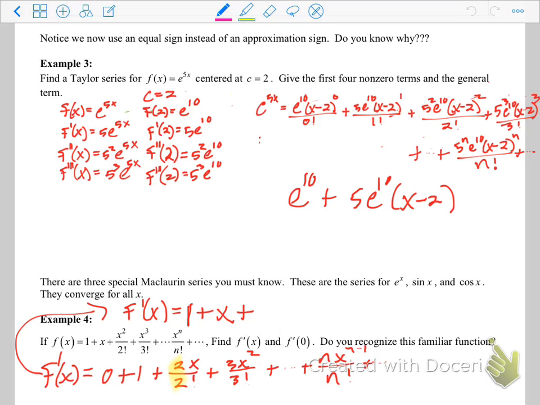So here's the deal. We got 1 plus x, and then because 3 over 3 factorial cancels to 2 factorial, now we have x squared over 2 factorial. And if I'd done the derivative of the 4x to the third term there, you'd see x cubed over 3 factorial, there's 4 terms. And notice we get n times x to the n minus 1 over, now I've written the denominator in this general term in a very special way.